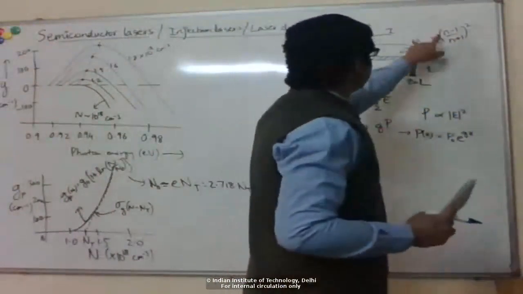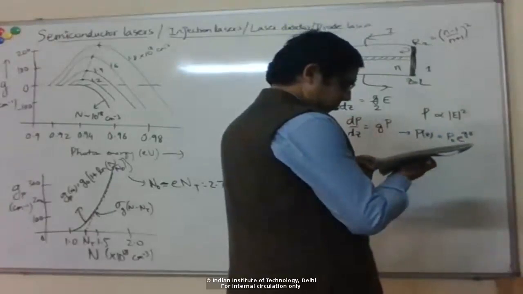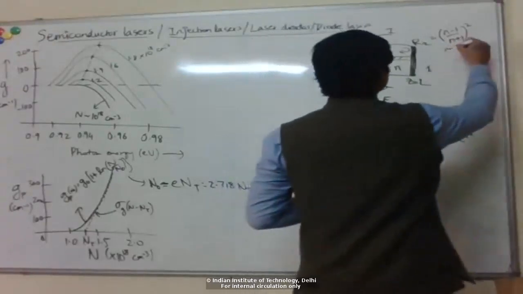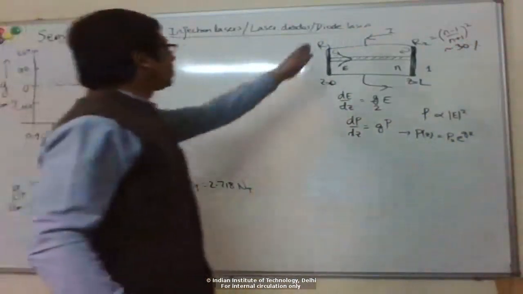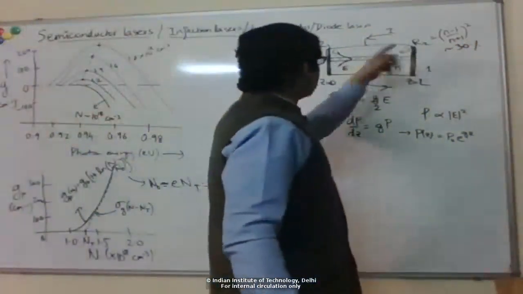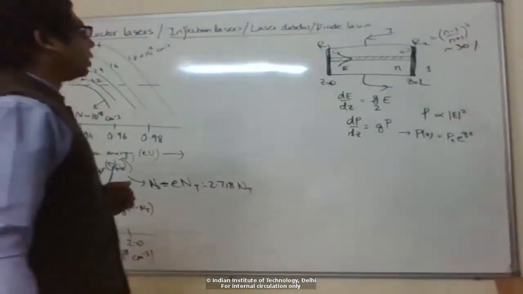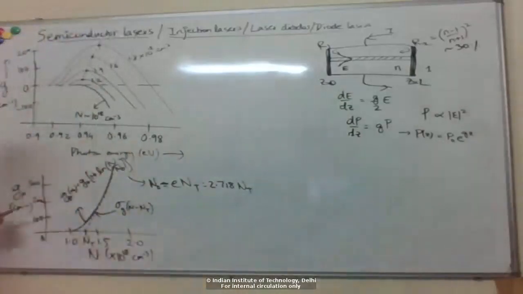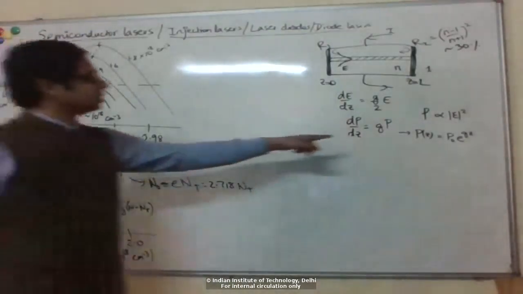So if you put n equal to 3.4 or 3.5 here, this comes out to be about 30%. So if you don't do anything more and just have clean facets, you get about 30% reflectivity mirrors, which sounds very bad. But the gain values are so large, you can see here that you're talking about gain coefficients of 100, 200 per centimeter, and remember, this is coming in the exponent.